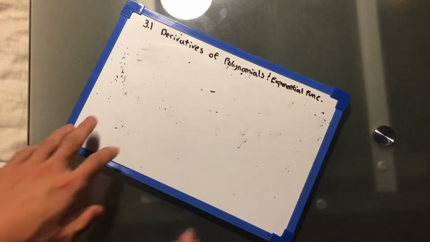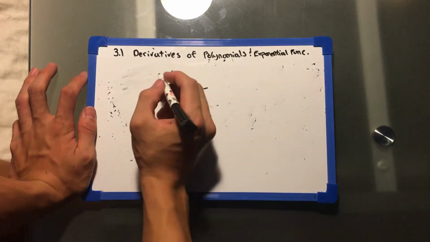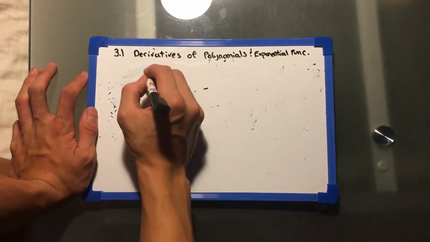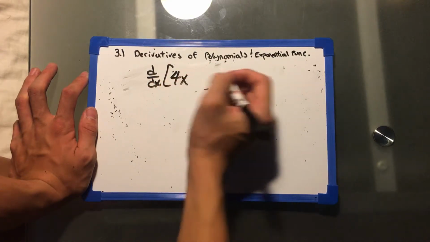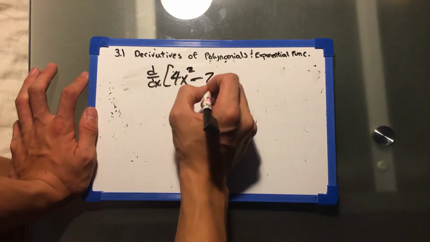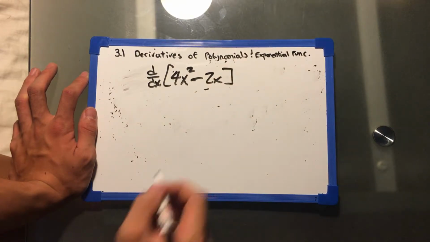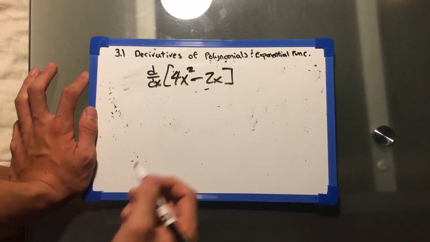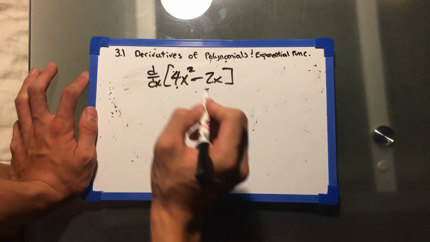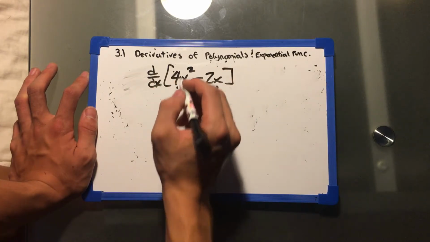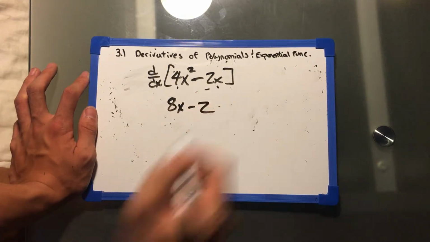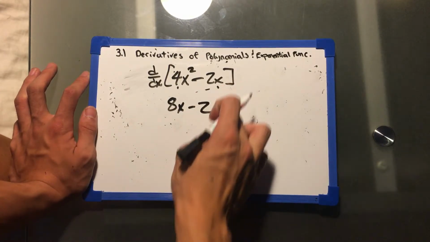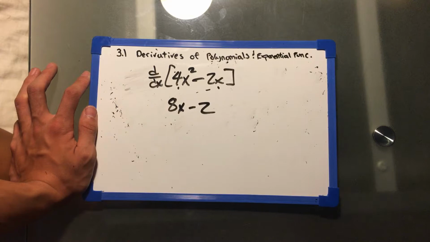There's also another rule, the sum and difference rules. Basically, the derivative of, say, an example of 4x squared minus 2x. How do you solve that? Well, it just states that to find the derivative, everything basically remains the same, so it's 8x minus 2. See how this correlates with this and this correlates with that?